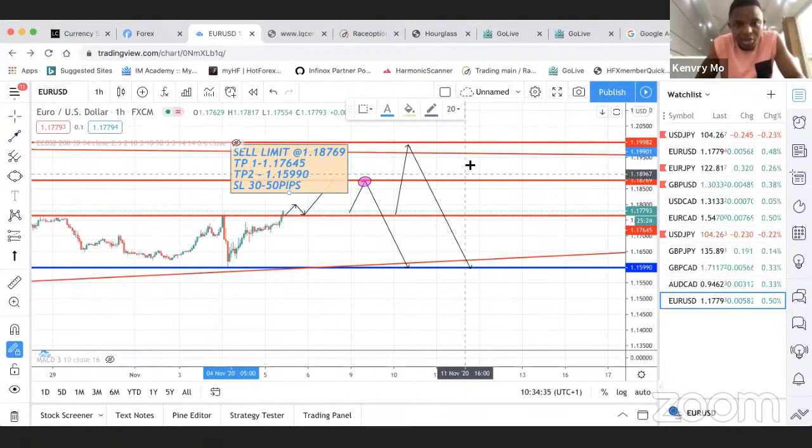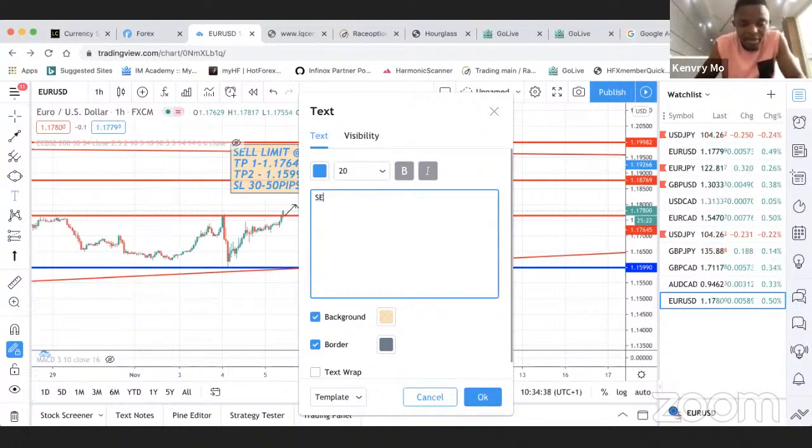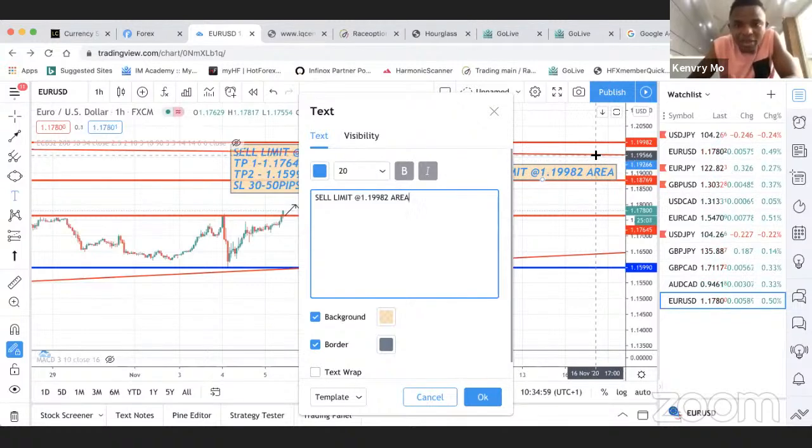So the only thing that will change is the sell limit. It's only the price, at 1.19982 area. I'm going to put area in this one because there's a confluence. It means when it gets to 1.19, anything from 19, okay, let me use 61 because that's where we have the trend line.